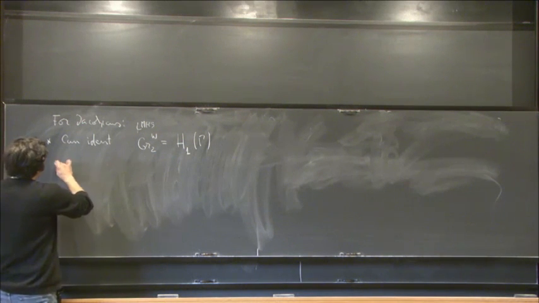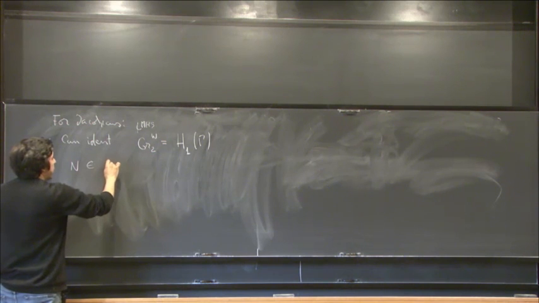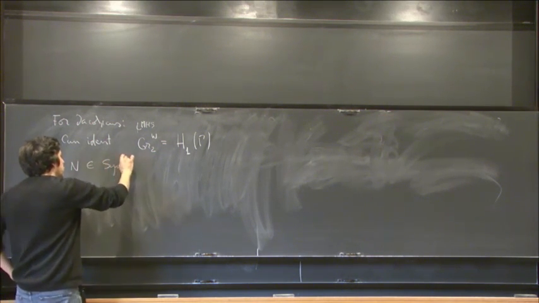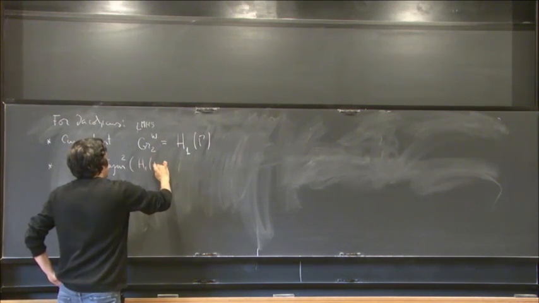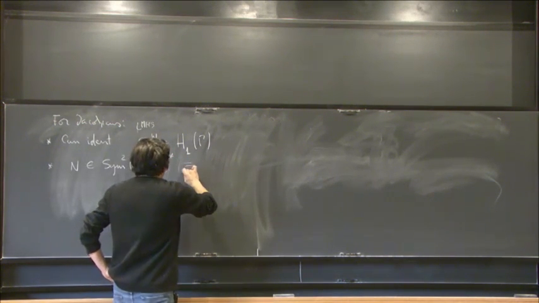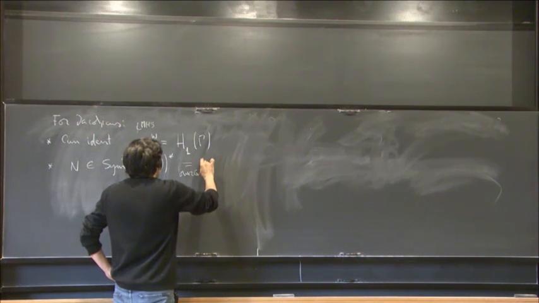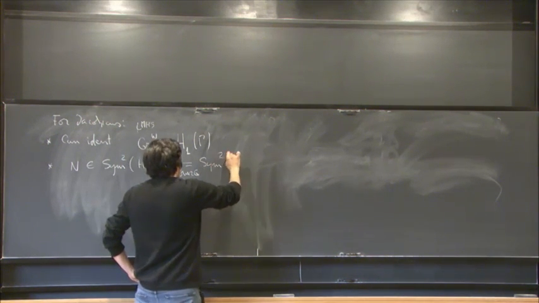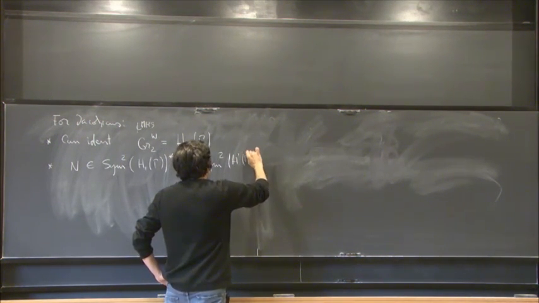Recall that the monodromy lives in Sym2 H1 gamma dual, which at least over Q is a quadratic form on H upper 1 gamma.